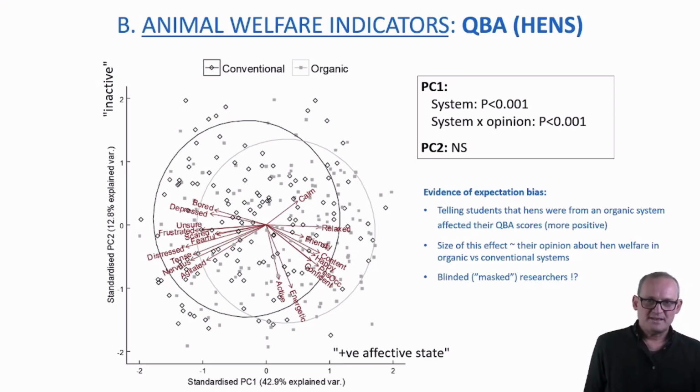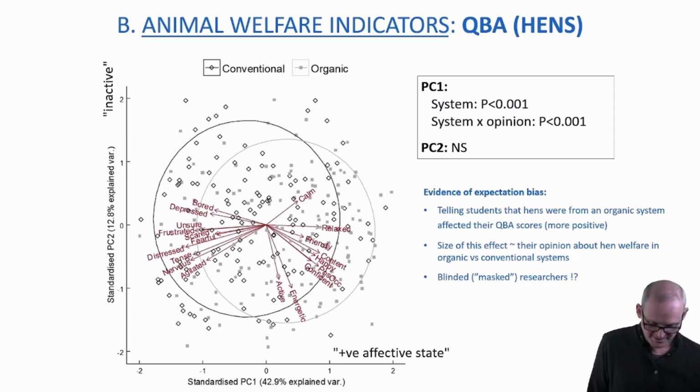We even found that the size of the effect, so the difference between the black circle and the gray circle, was directly related to the opinion of the students about organic farming. The difference would be bigger if they thought that the welfare of the hens on organic farms was better than on conventional farms.